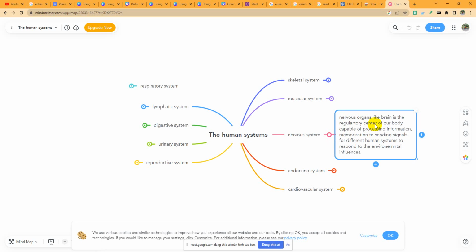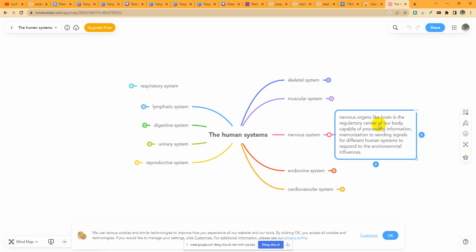So I think the nervous system is really similar to the nucleus inside the cell, in that both are responsible for controlling activities, and this is the regulatory center, of course.